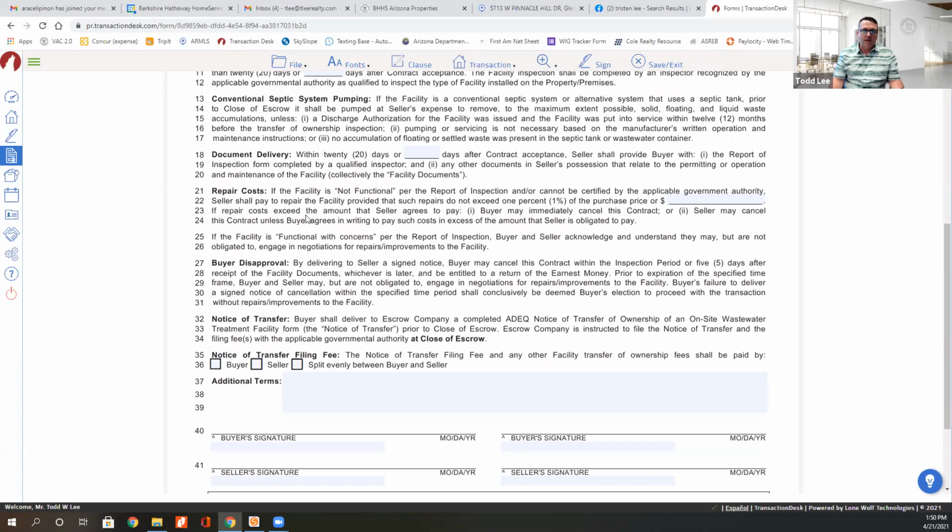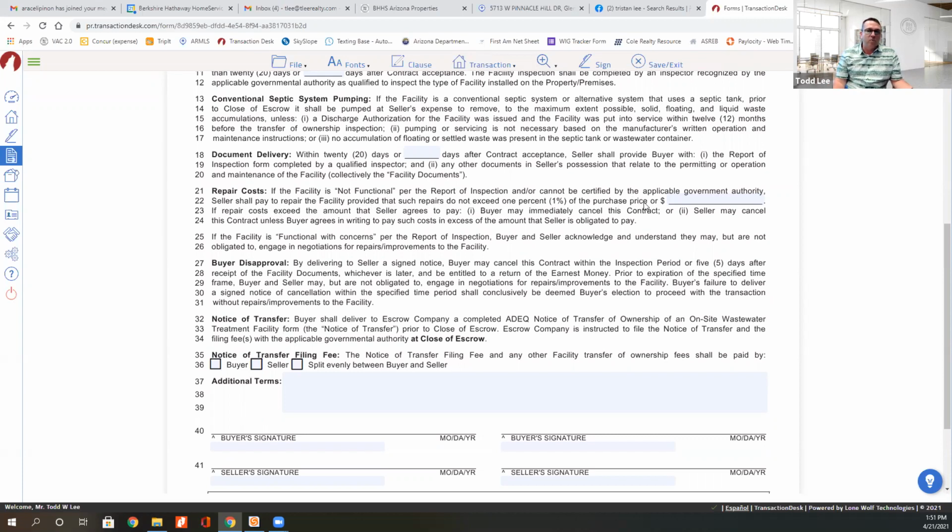Repair costs. This is kind of a big one here because a lot of times once they go to have it pumped and serviced, they may find that there are problems with the septic tank. So if there are problems with the septic tank and if it can't be certified, the seller shall pay to repair the facility, provided that such repairs do not exceed 1% of the purchase price.